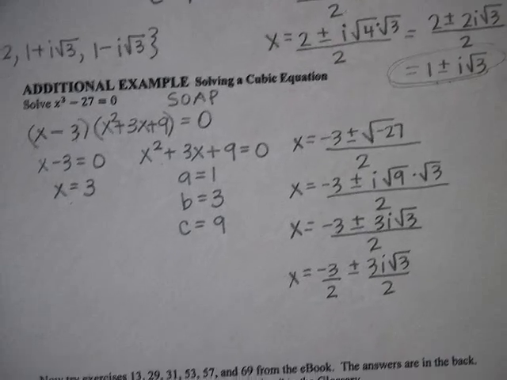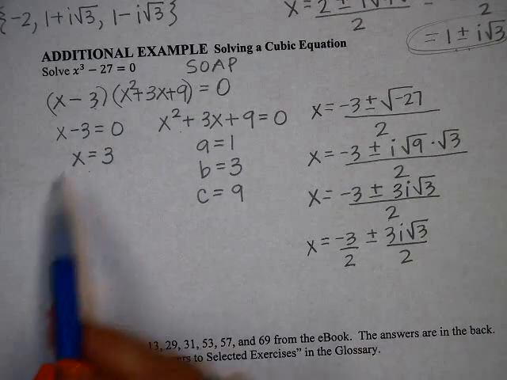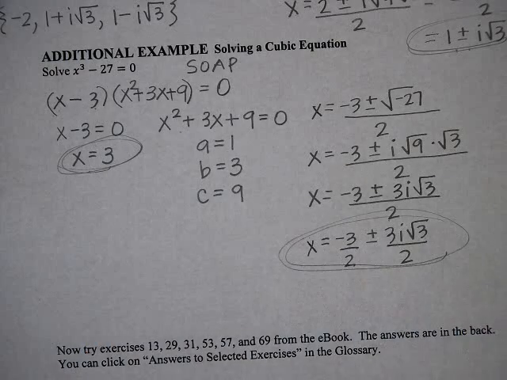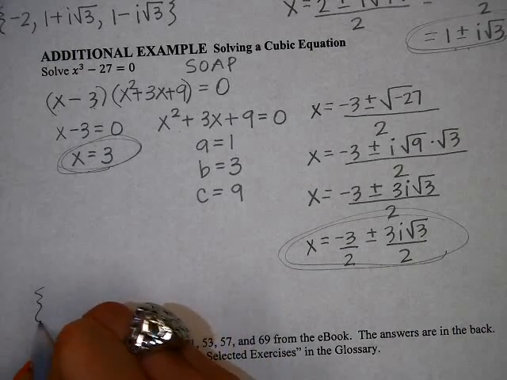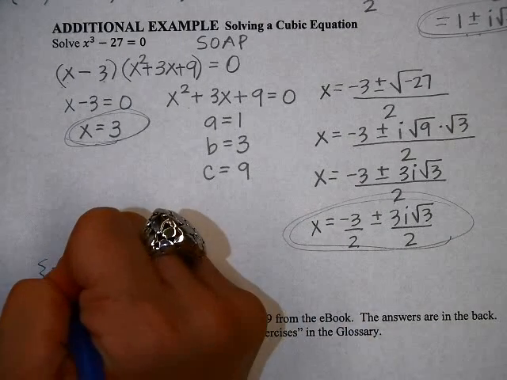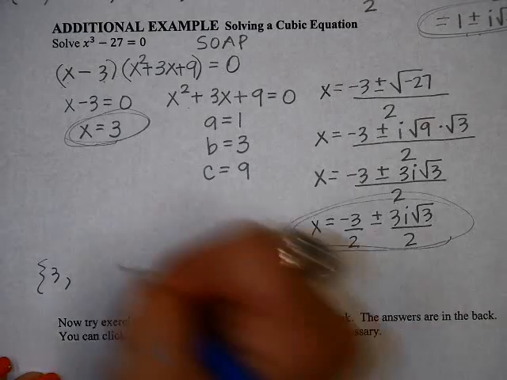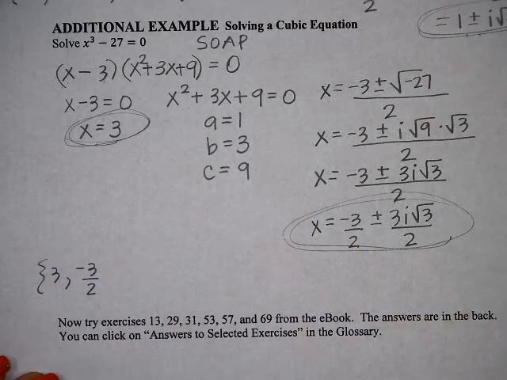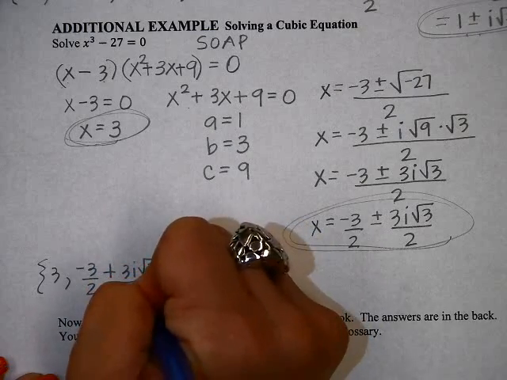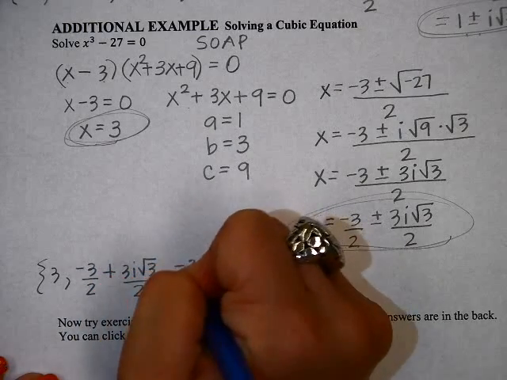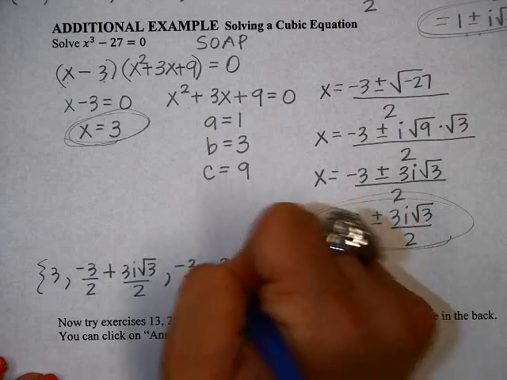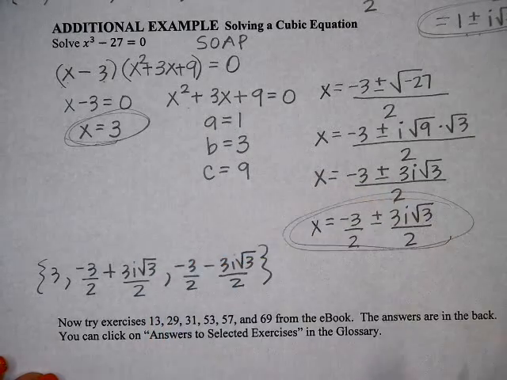Alright, so if we are writing the solutions for this, remember your one solution comes from here and your other two solutions come from here. So your solution set would be 3, comma, -3 over 2 plus 3i square root of 3 over 2, comma, -3 over 2 minus 3i square root of 3 over 2.